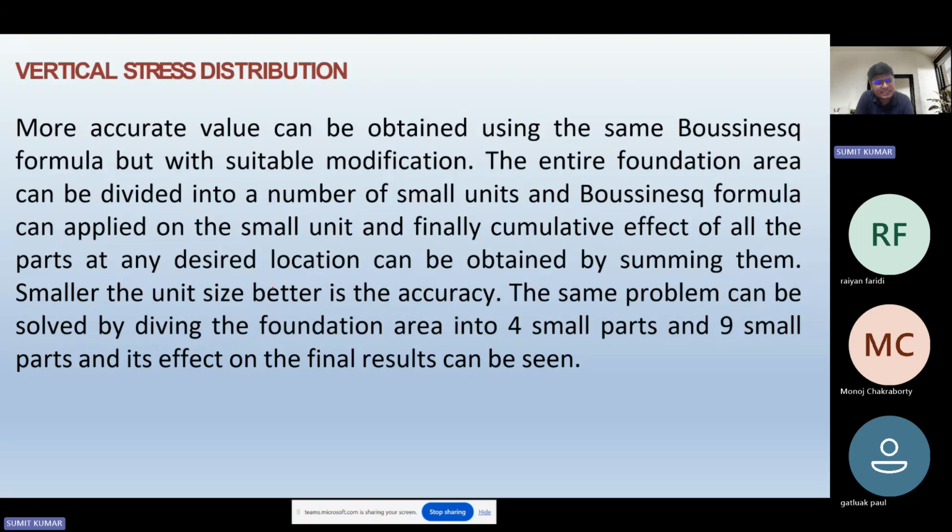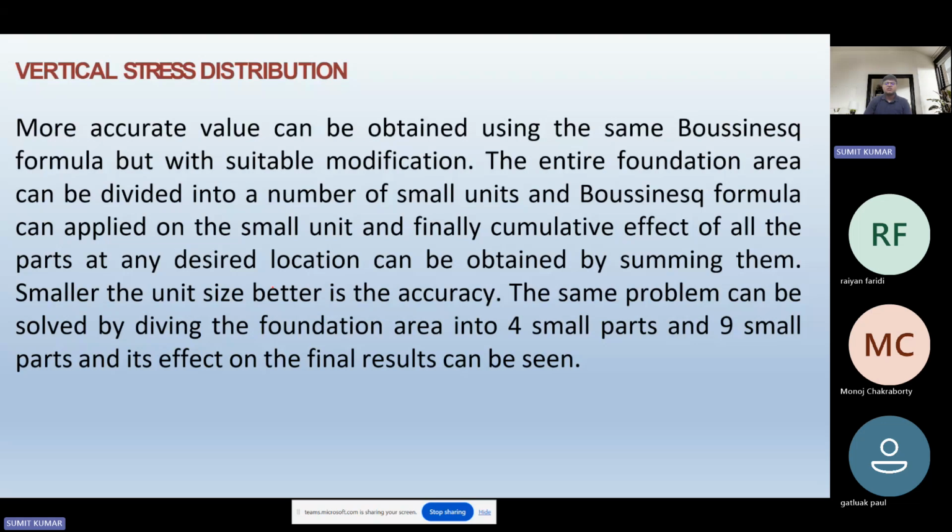Over here, it is said that a more accurate value can be obtained using the same Boussinesq formula, but with suitable modification. The entire foundation area can be divided into a number of small units, and the Boussinesq formula can be applied on the small units.